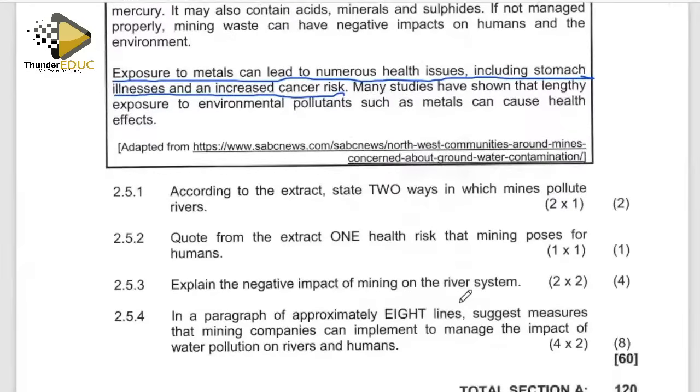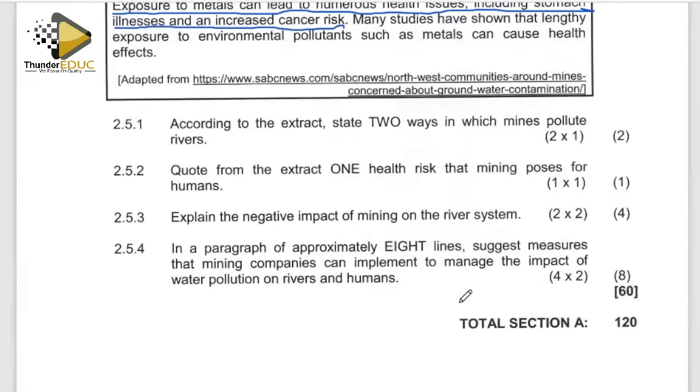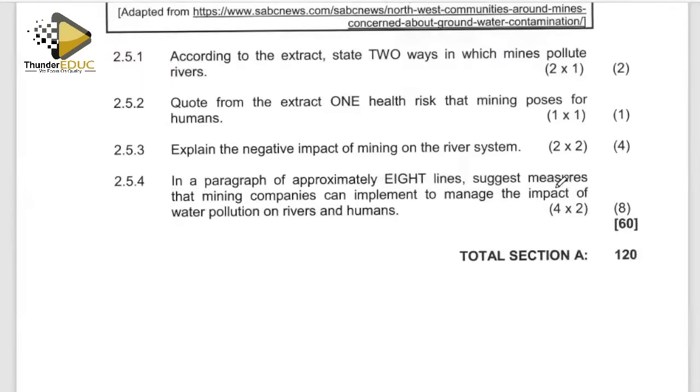Explain the negative impacts of mining on the river system. Right. When I'm explaining the negative impacts of mining here, we need to analyze how the mining activities can impact the natural operation of the river system. We talk of chemicals. If there are chemicals added to the river because of mining activity, how are they going to affect it?